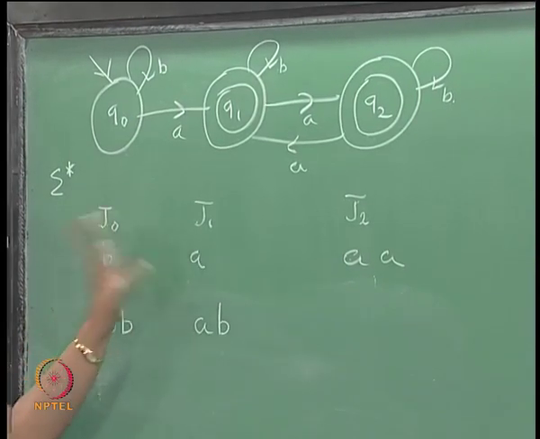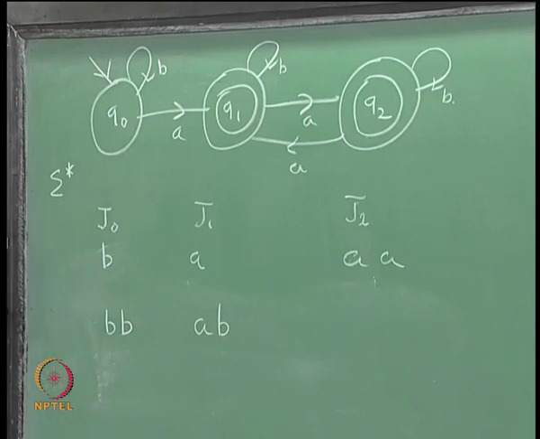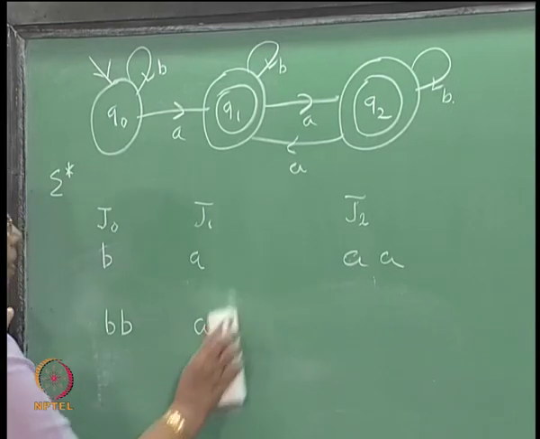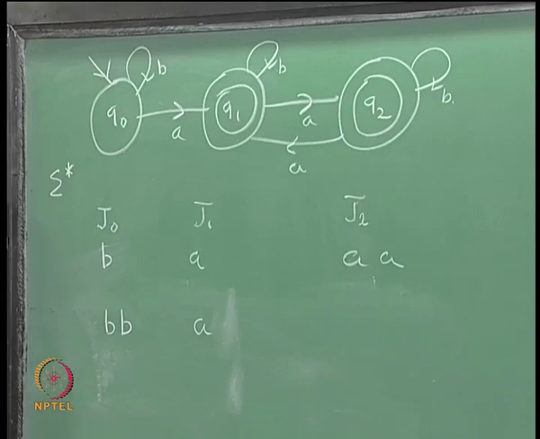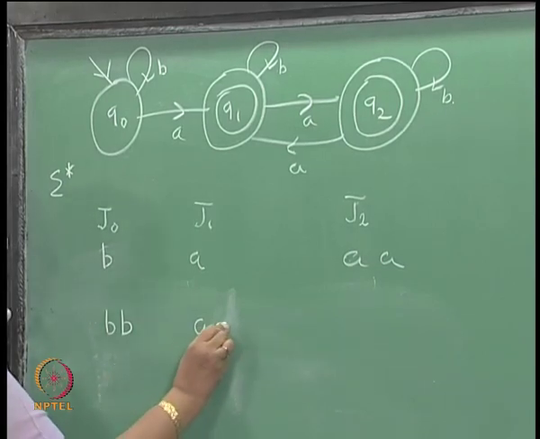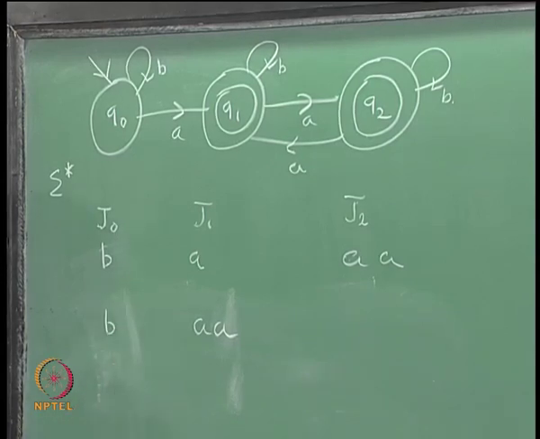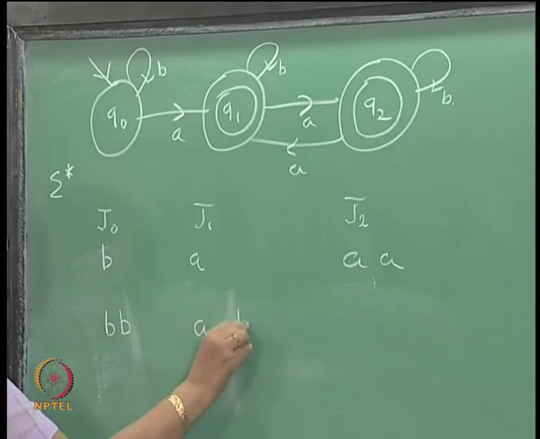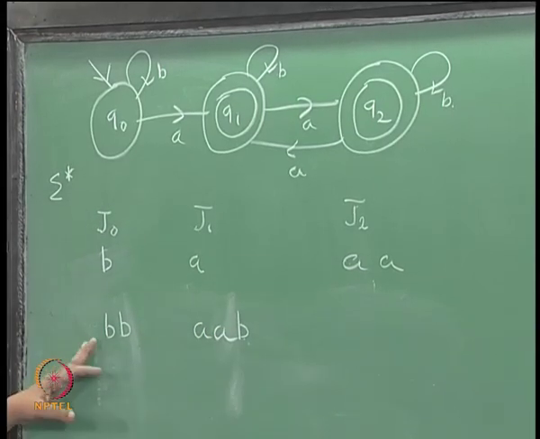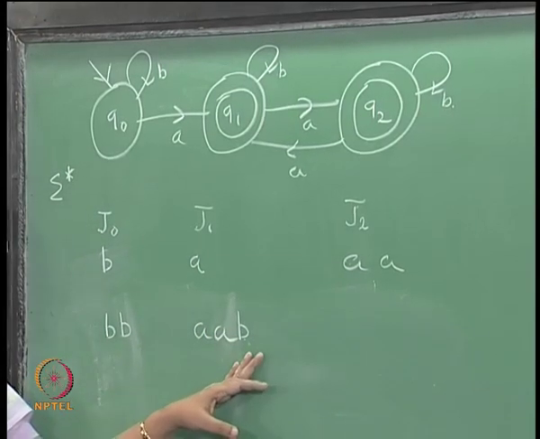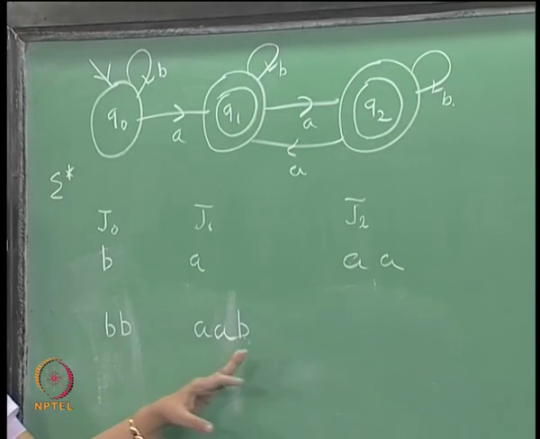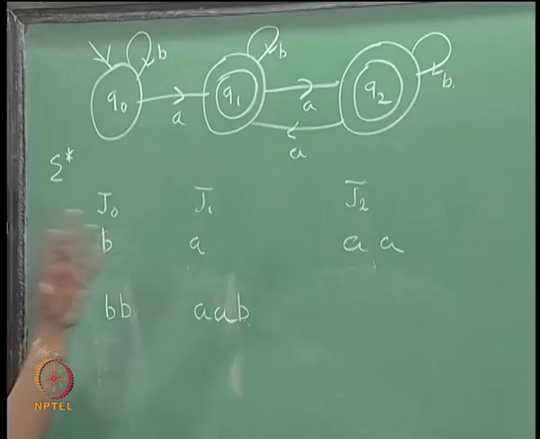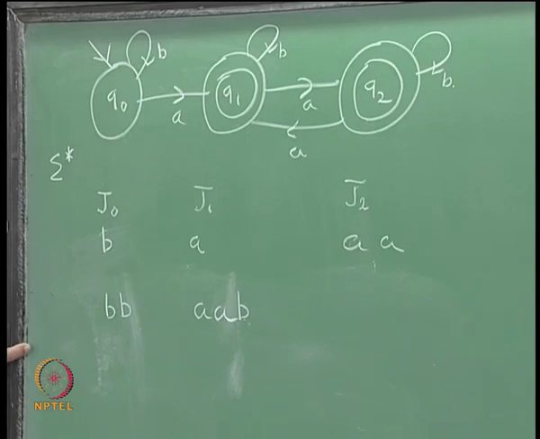So, this and this cannot be the same equivalence class for RL. Now, take from J0 and J2, take B and AA, take z as BBB, this is not in L, this is in L, right. So, again J0 and J2 cannot be grouped together in RL, okay.